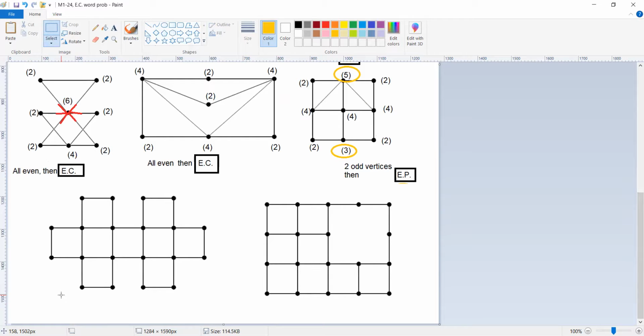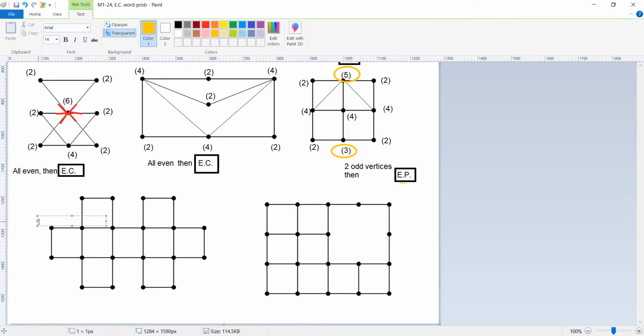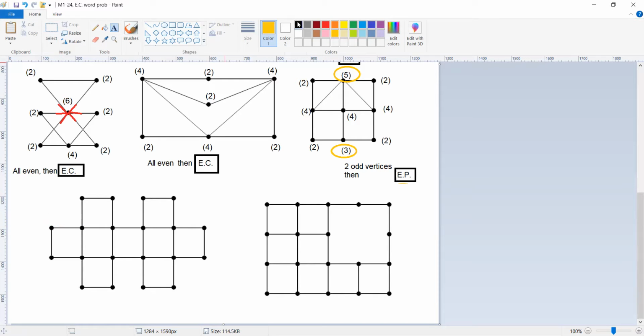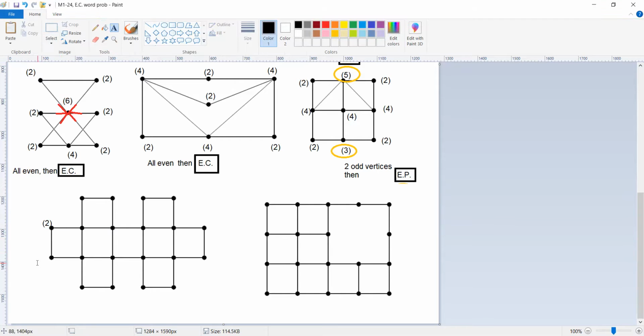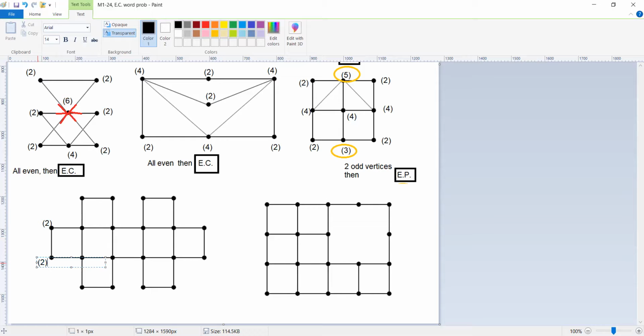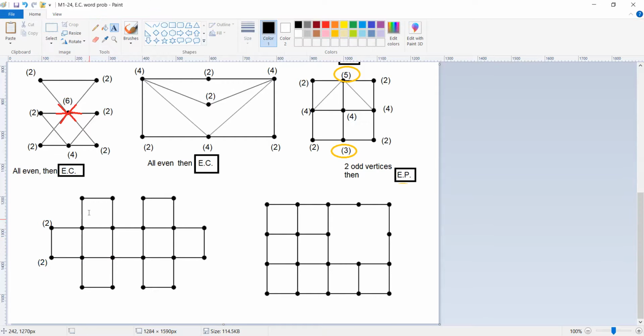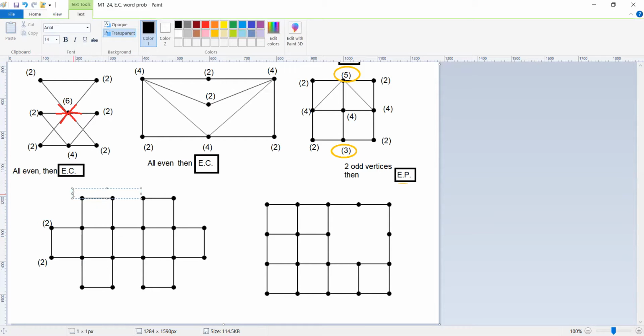So going from left to right, let's check the degree of all the vertices. Degree 2, degree 2. Actually let's go up here to degree 2. And then this one's a 4. There. Okay, this one's also a 4.